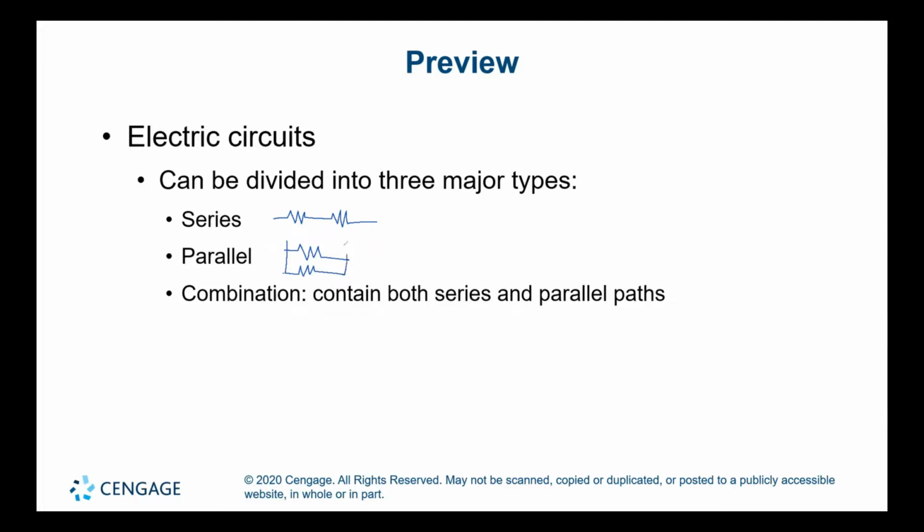They have common points of connection, as you can see in here, or we can have a combination circuit. Now, in our level, in level 1, we are going to use resistors only for this type of circuits.